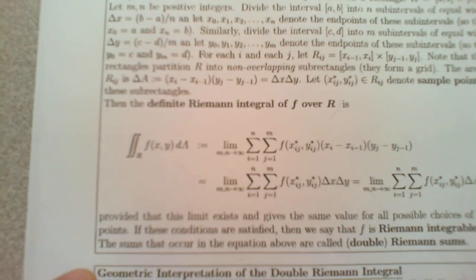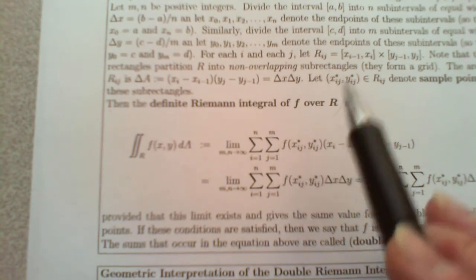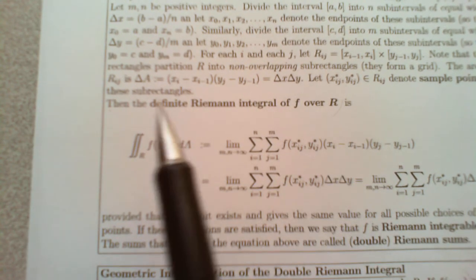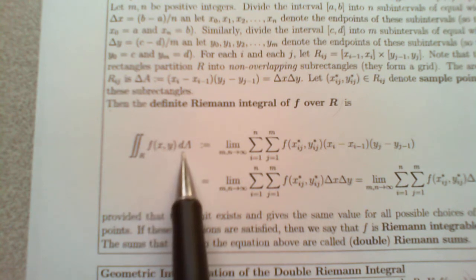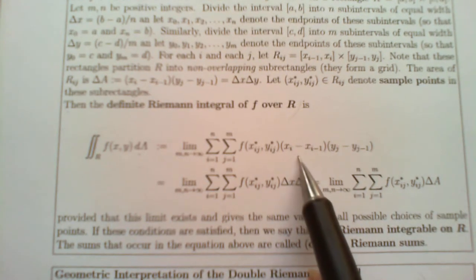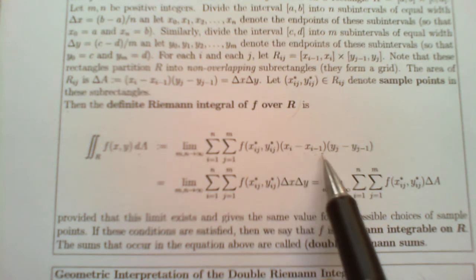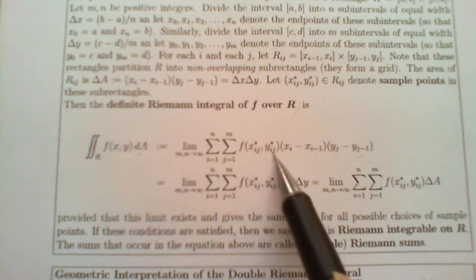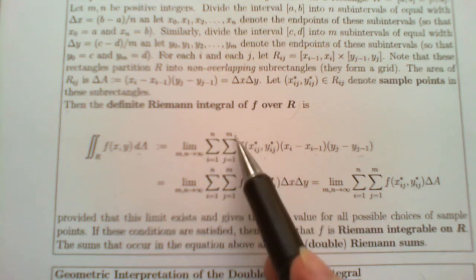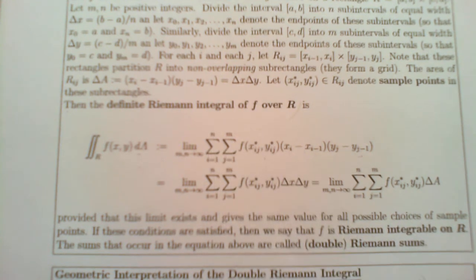So in this complicated looking thing, forget all the rest of it, but this right here is the height. That thing right there is the area on the ground, the length times the width. That's the height at some test point, and then you're going to take m and n to infinity so that it fills out the picture.